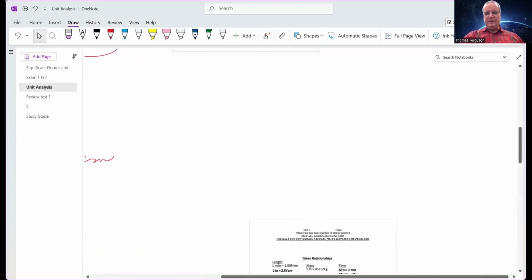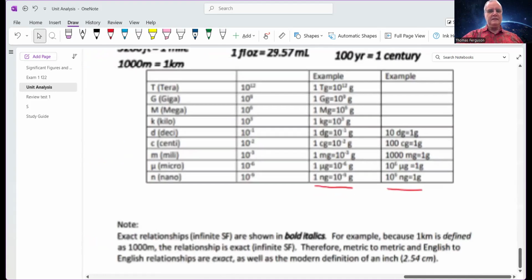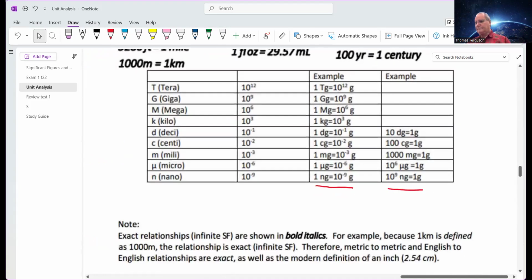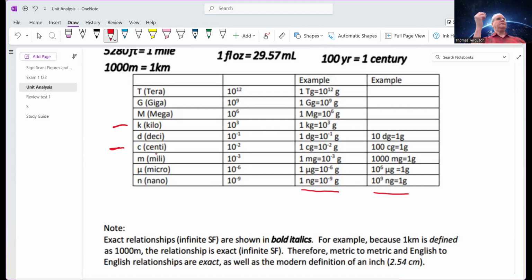Now, as we're looking at the table here, here's kilo and here's centi. Now, how many cents are in a dollar? 100. That's the easy way to remember centi. Cents, dollar.